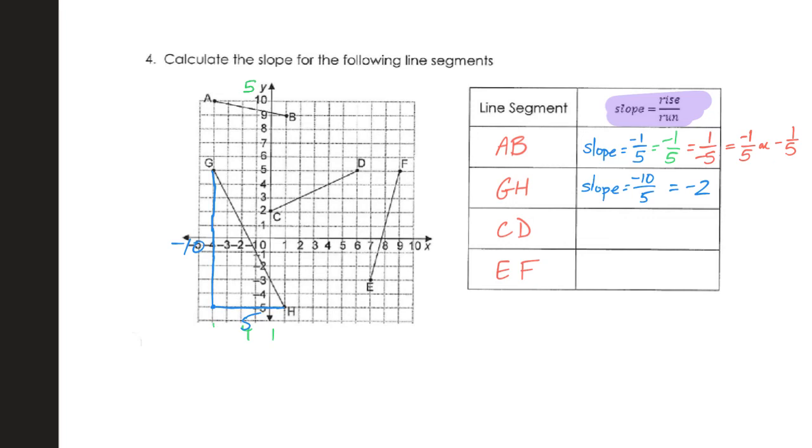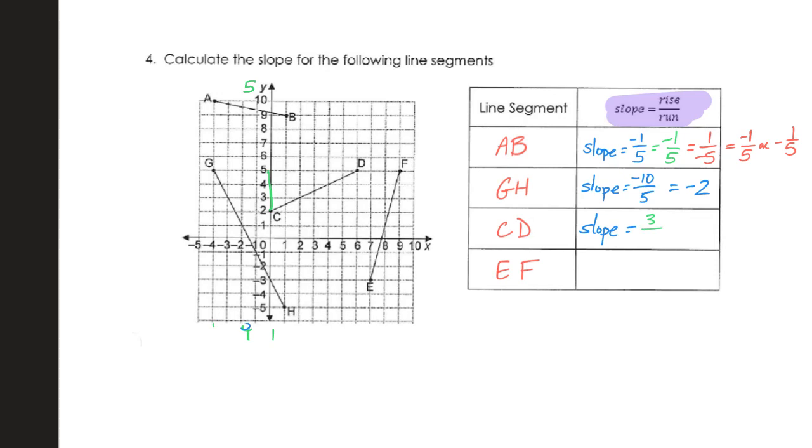Okay. We're going to get a little confirmation on CD. I'm just going to erase everything I wrote for GH. Okay, on CD, I know that my slope, well, my rise is going to take me up 1, 2, 3. It's a nice short distance, so maybe I count those out.